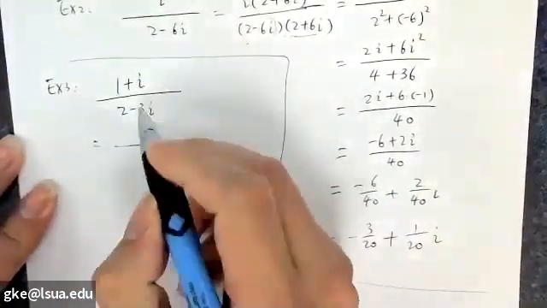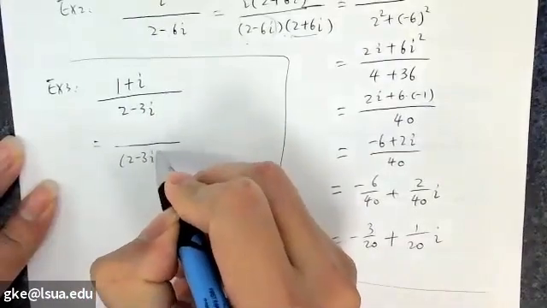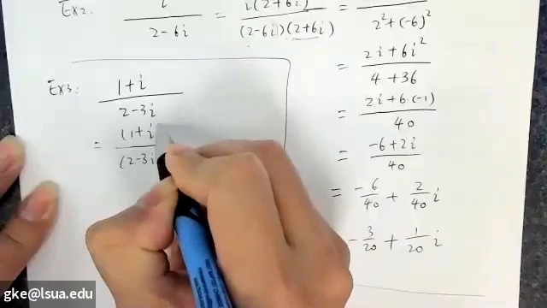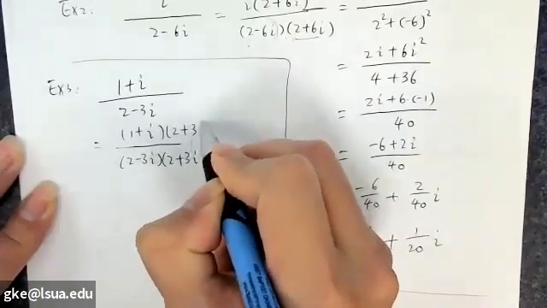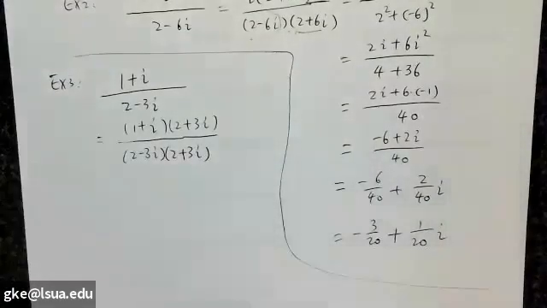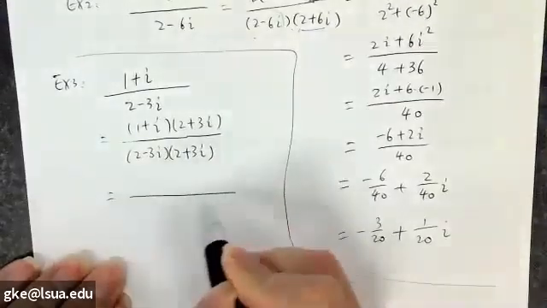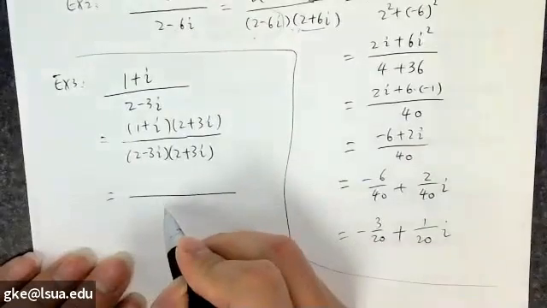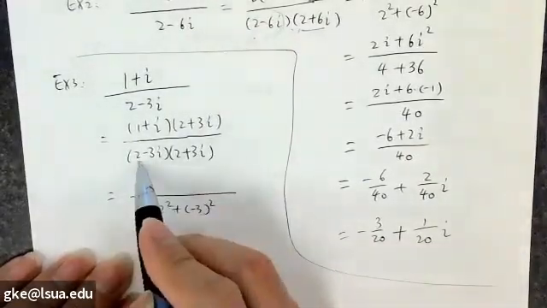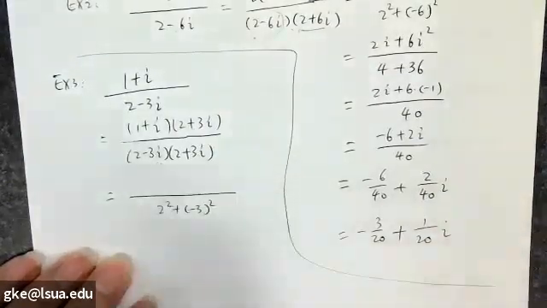So we have times conjugate, i times conjugate. And then we're gonna write down a squared plus b squared, and a is 2, b is -3 squared, right?